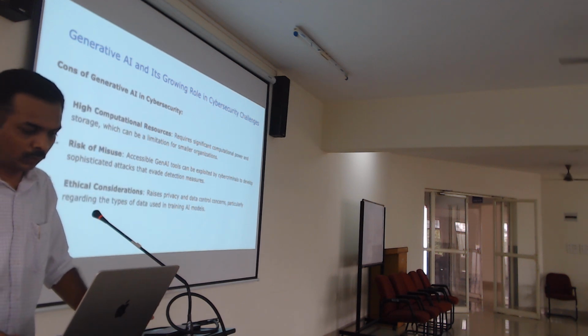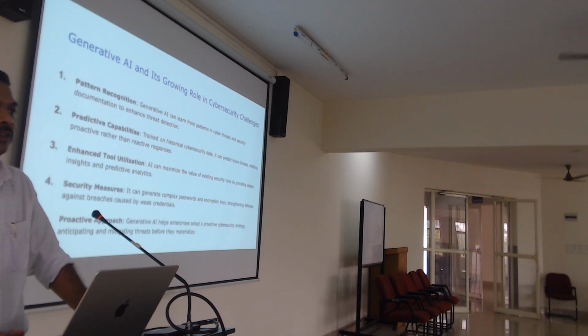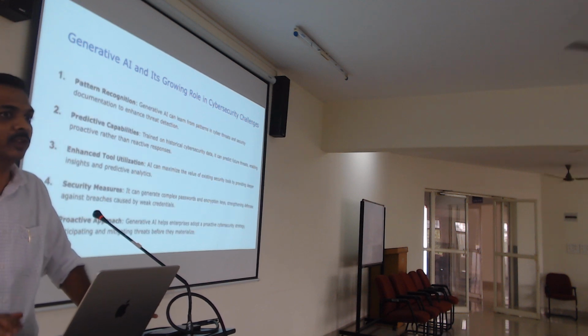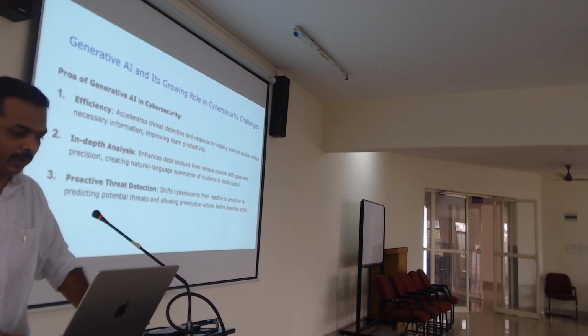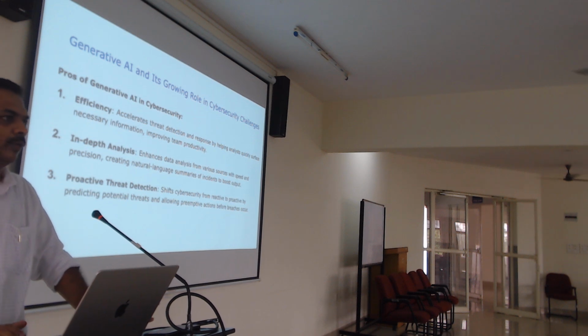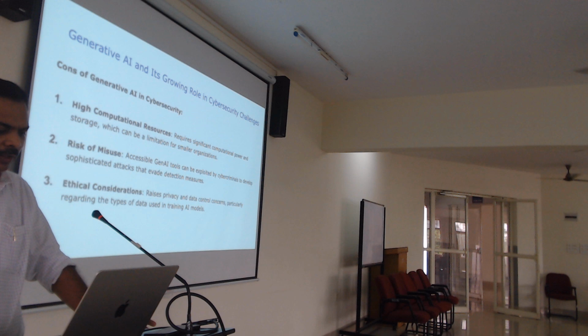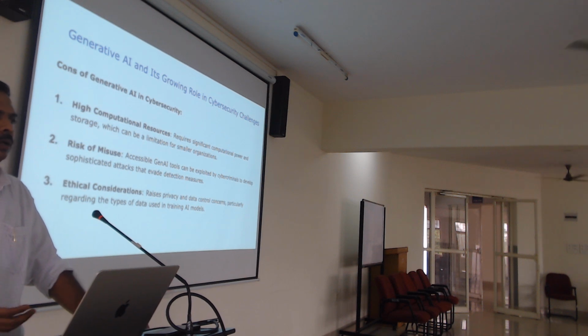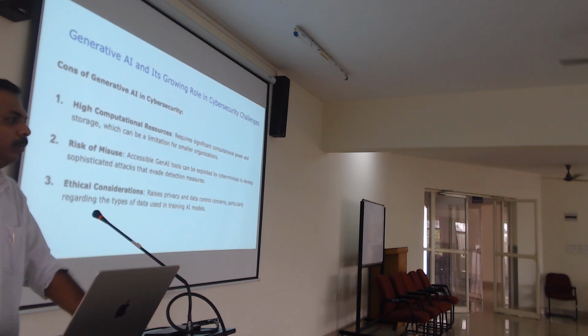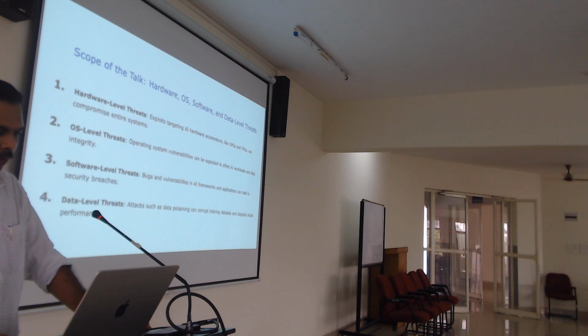I'm talking about the challenges of cybersecurity which can be handled by GenAI, and we tried to understand the pros of adopting GenAI in cybersecurity. Actually, these are not issues but matters of concern when you are adopting GenAI for dealing with cybersecurity.